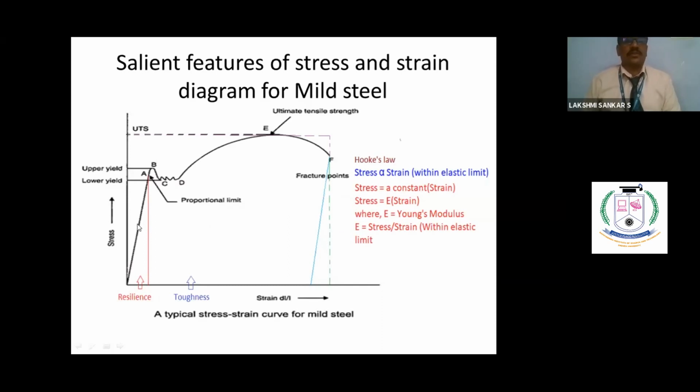This is a constant with a unit. Up to the elastic limit, the proportional limit is there. If I release the load, the material will come back to normal level. Beyond that, we are entering into the plastic region. Plastic region means permanent deformation region.